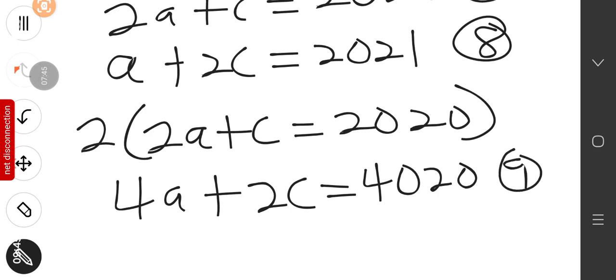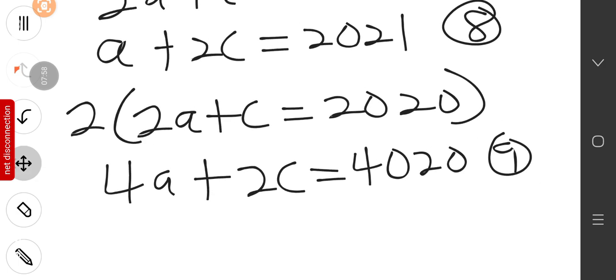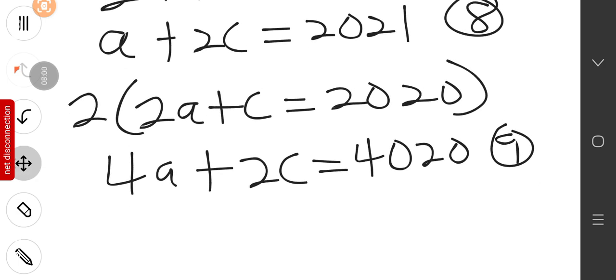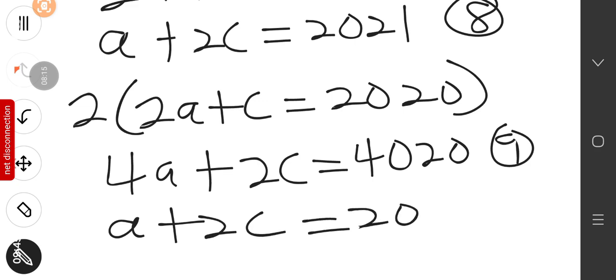Now, when you observe equation 8 and equation 9, you can see they have one of their terms being the same, that is 2c. So let's subtract equation 8 from equation 9. So we are going to have a plus 2c equals 2021.